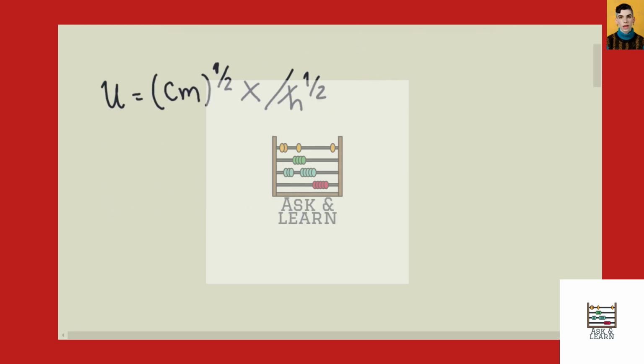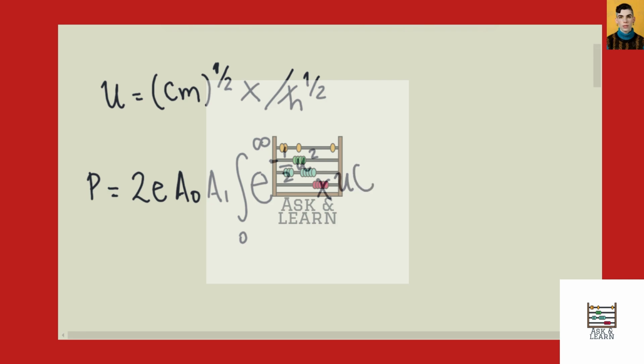So with this, we will have the following: 2 times the charge of an electron times a sub 0 times a1, where these are normalization constants, times the integral from 0 to infinity of the exponential of minus 1 divided by 2 times u squared, times x times u times the exponential of minus 1 divided by 2 times u squared, integrated over x.